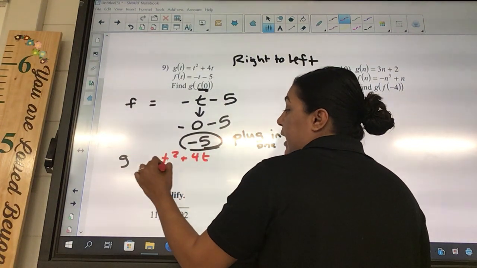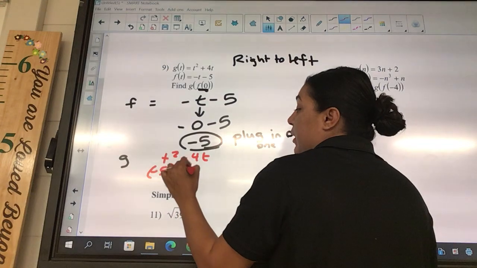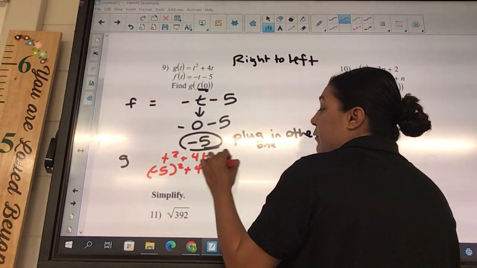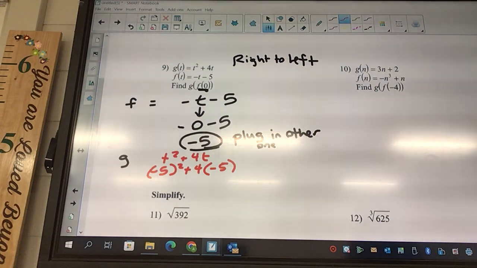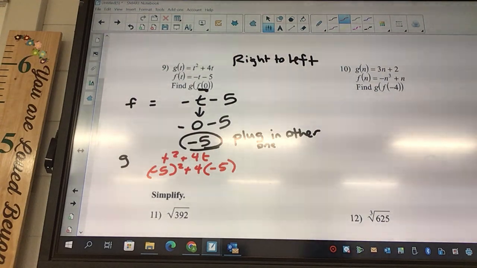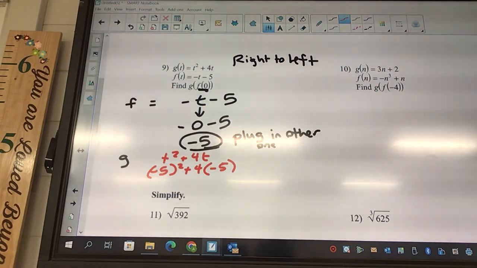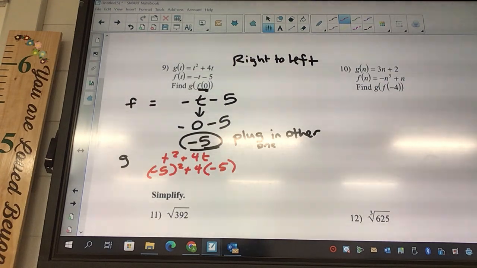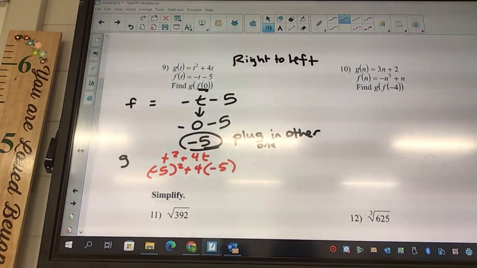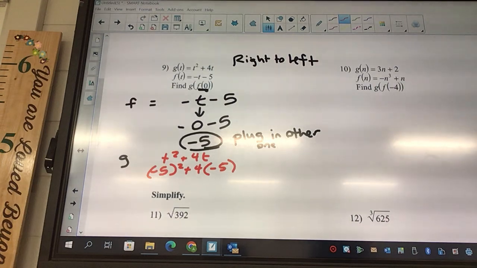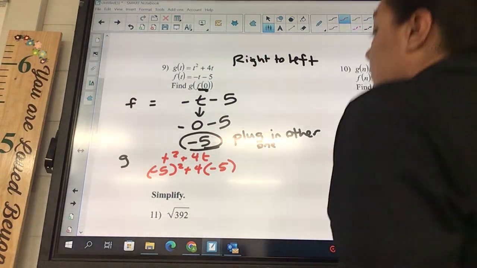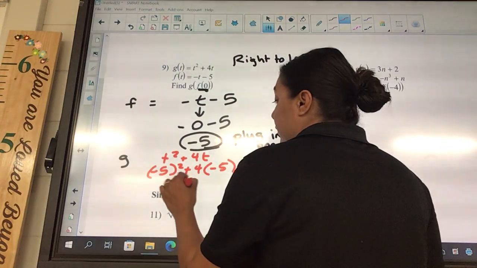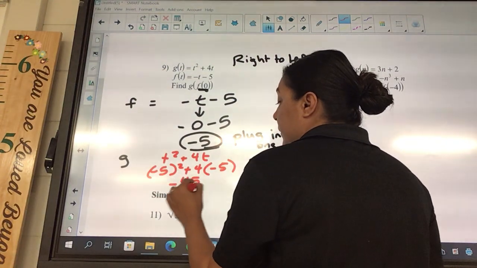So it's going to look like negative 5 squared plus 4 times negative 5. We're putting those in parentheses. Okay, and type that on your calculator, see what you get. Negative 45? Does somebody agree?